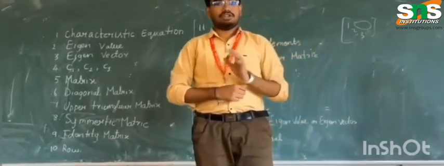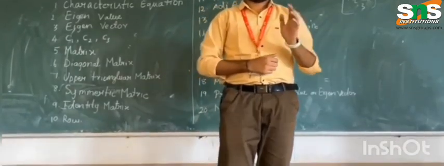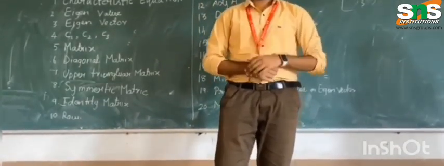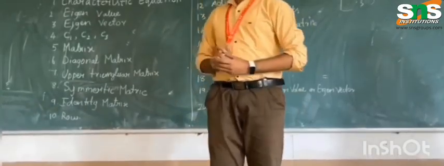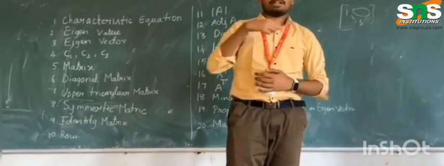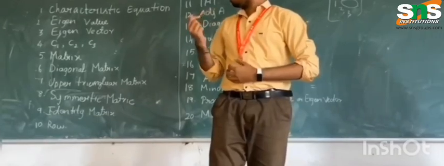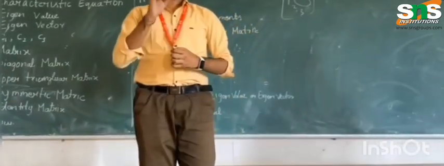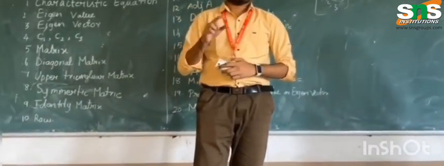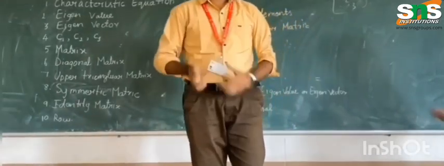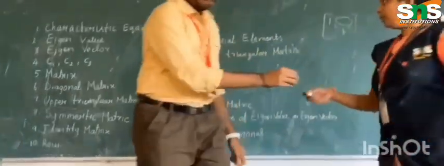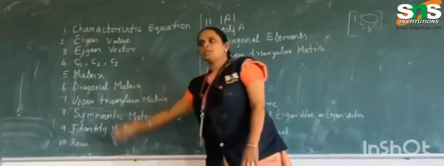By solving the 3 into 3 matrix, we get lambda cube minus lambda square and so on. Eigenvalues are obtained by solving the characteristic equation, and the eigenvector is obtained by the formula determinant of (A minus lambda I) x equal to 0. Okay, very good.